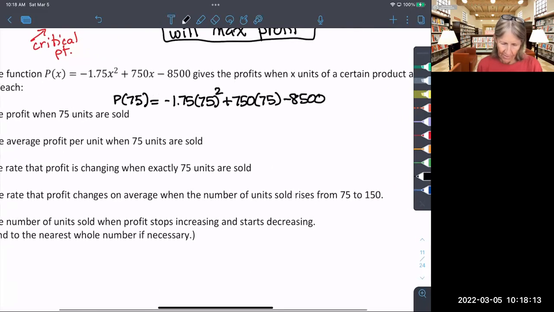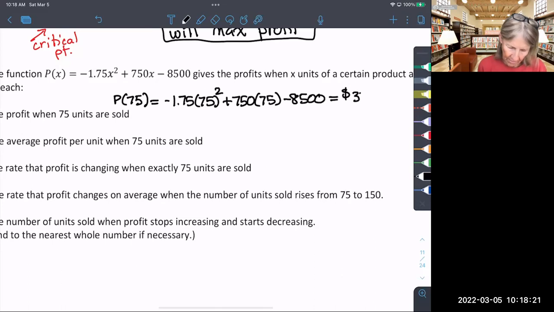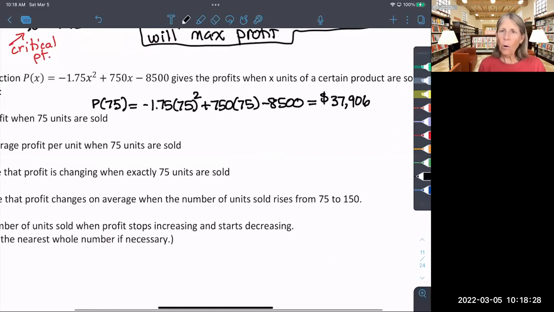So if you plug 75 into that profit function, here's what I get, and you should double check. I'm looking at about 37,906. Now remember, because this is money, we always keep 2 decimal places unless they say otherwise. So this comes out to 0.25.